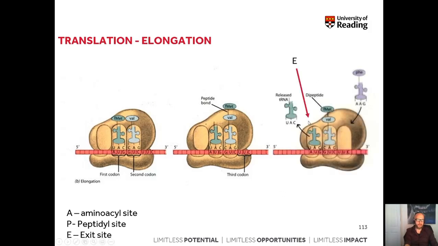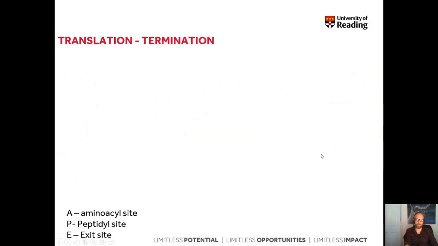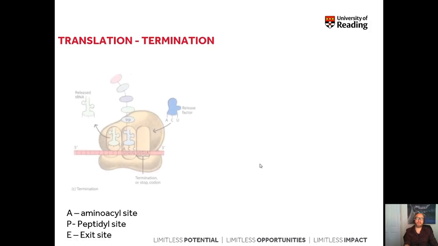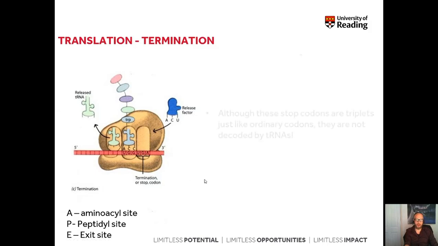And then the first tRNA in the complex is getting released at the exit site, which is here. Afterwards, the next tRNA carrying an amino acid can enter the complex. The last step in translation is termination. Termination is induced by the so-called release factor, because the release factor is able to bind to the stop codon on the mRNA.